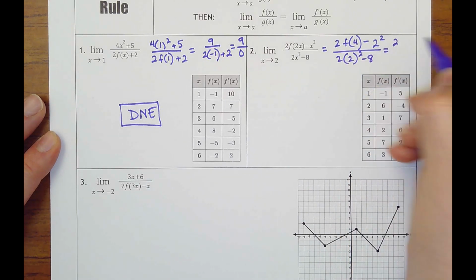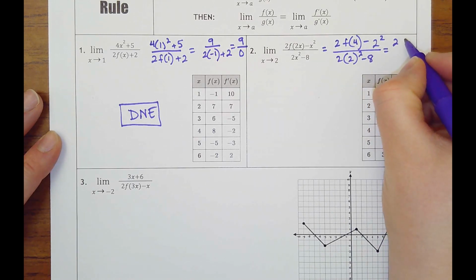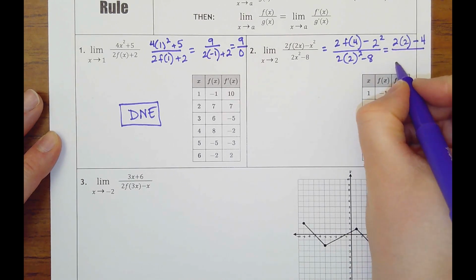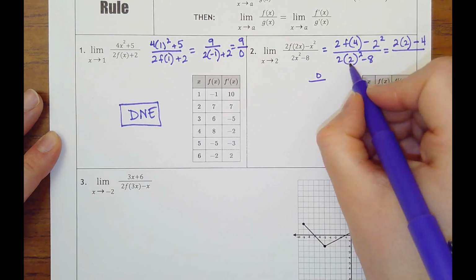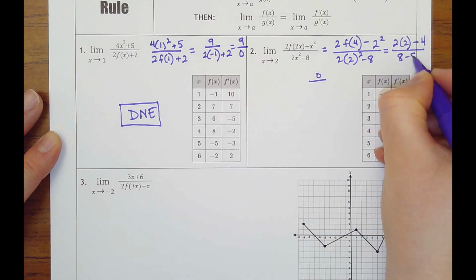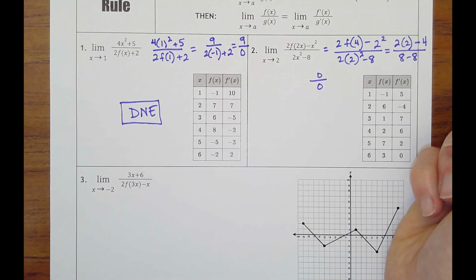Okay, so 2 times f of 4 would be 2. So it would be 2 times 2, which is going to be 4 minus 4. That gets 0 on the top. And then this would be 2 squared is 4 times 2 is 8 minus 8, which is 0. So since this is indeterminate form, then we need to use L'Hôpital's rule.